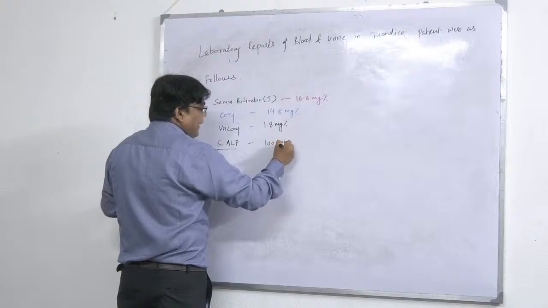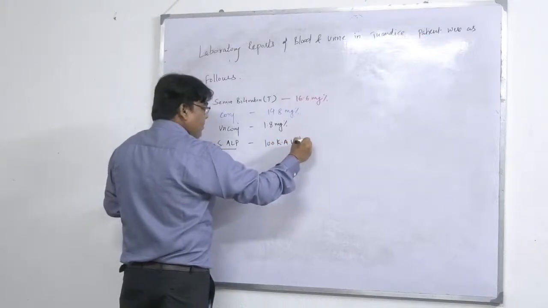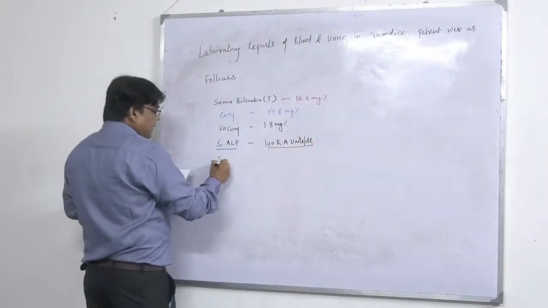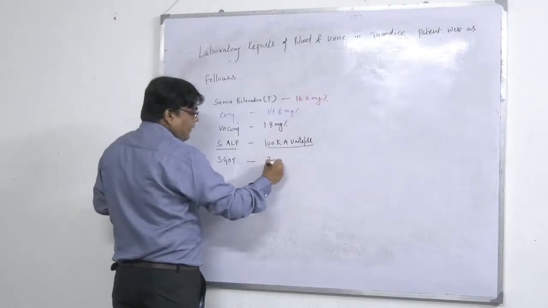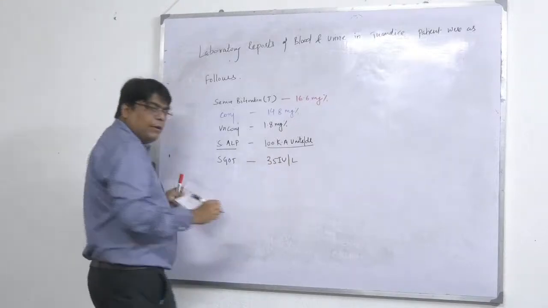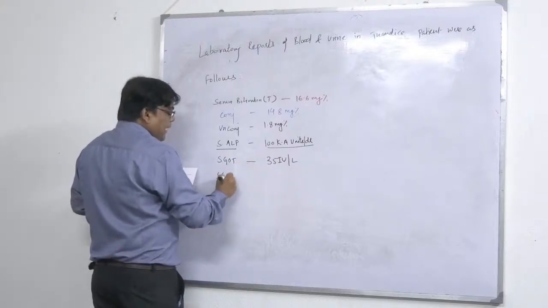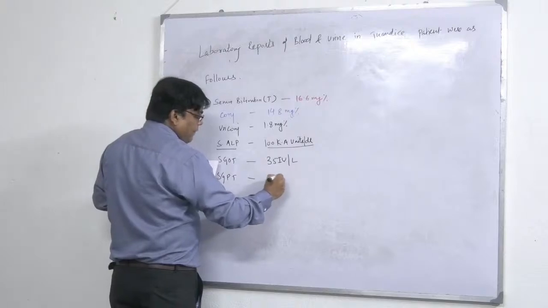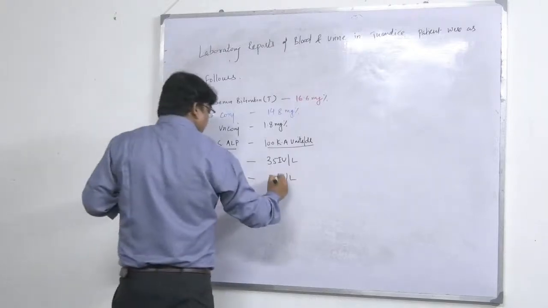100 KA units per dl. Okay, then SGOT is 35 units per liter, or international unit per liter, both units are the same, and SGPT, that is 35 international units per liter.